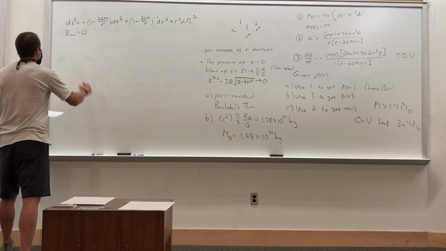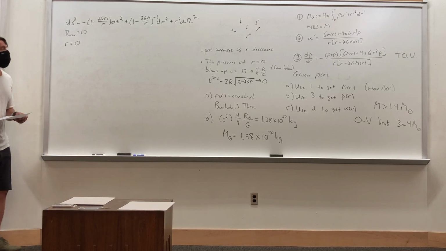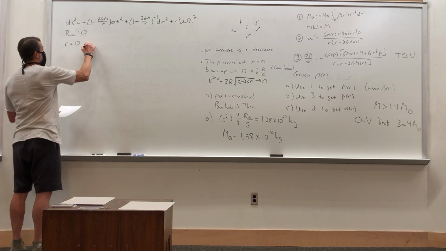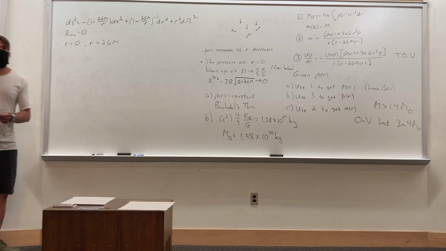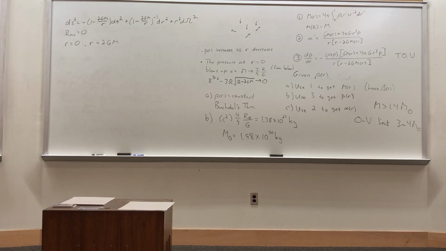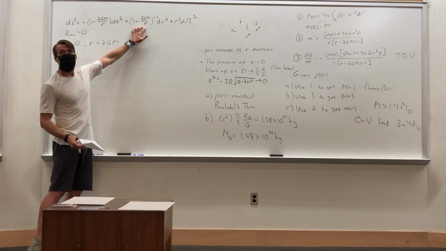Now, there are two interesting points, obviously. r equals 0 is interesting. r equals 0 makes various terms go to infinity. But also, r equals 2GM is interesting. If r is 2GM, then this term is going to infinity.